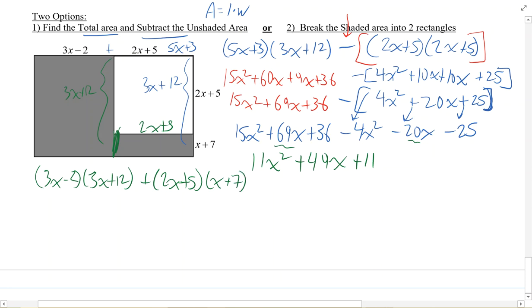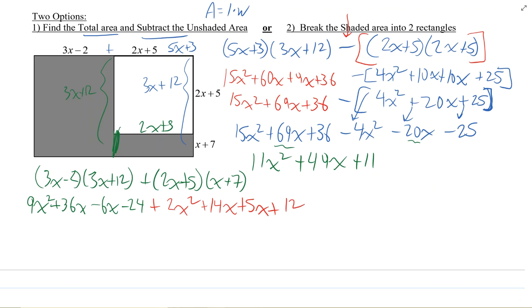So we add them up. We get 9x squared, plus 36x minus 6x minus 24, plus 2x squared, plus 14x plus 5x plus 12.